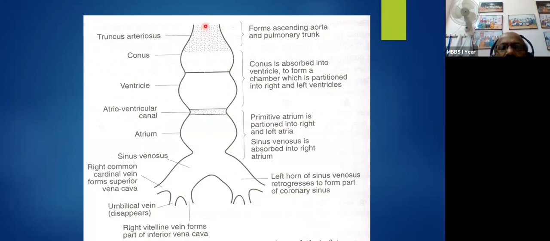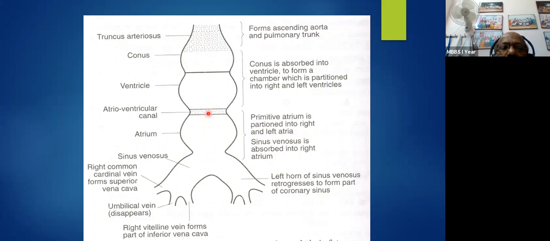A septum separating the ascending aorta and pulmonary trunk, the aortic vestibule and infundibulum, the primitive right half of the ventricle and the left half of the ventricle, and the right half of the atrium and left half of the atrium. So what we need here is a septum. This is called formation of cardiac septa.